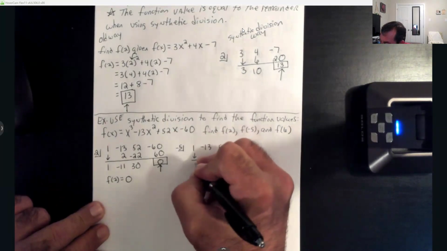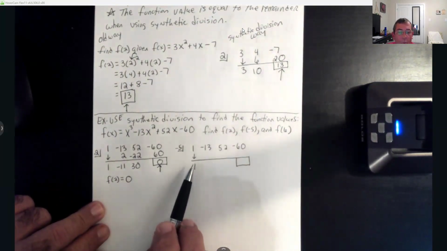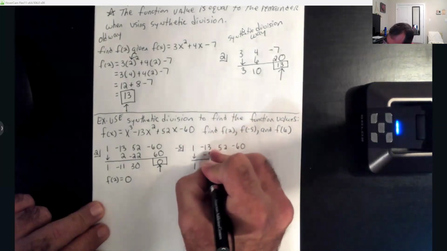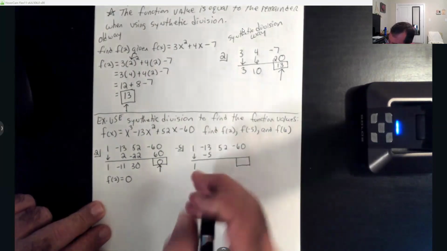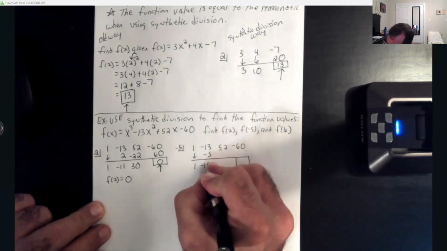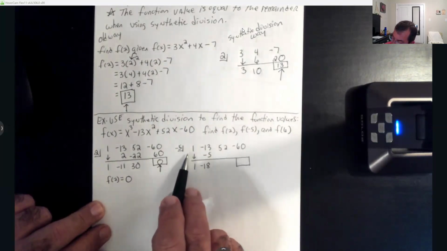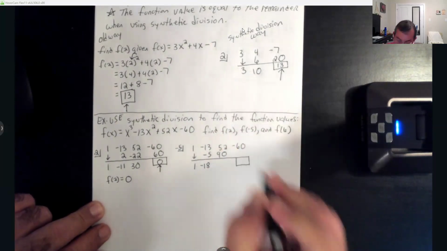So once again, I'm bringing the first number down, and then I'm going to start my process. 1 times negative 5 is negative 5. Negative 13 and negative 5 give me a negative 18. Negative 18 times negative 5 is a positive 90.